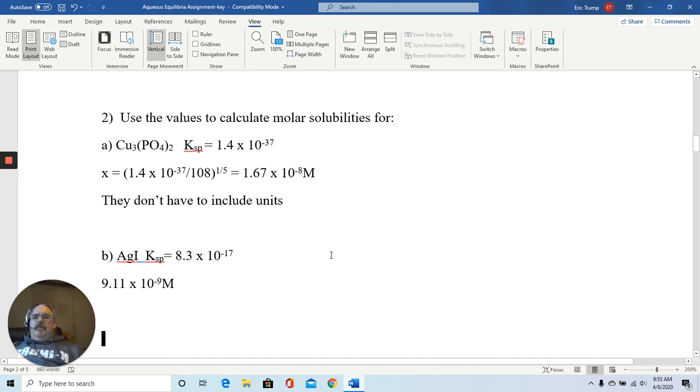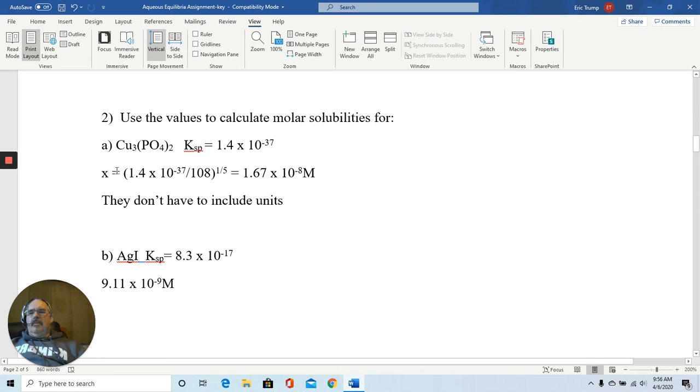Okay, question number 2. Use the values of KSP to calculate molar solubilities for copper(II) phosphate. When this dissolves, it produces 3 copper(II) ions and 2 phosphate ions.